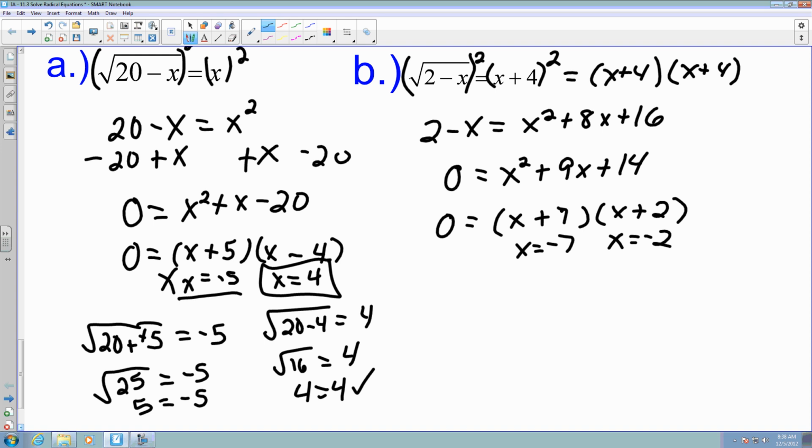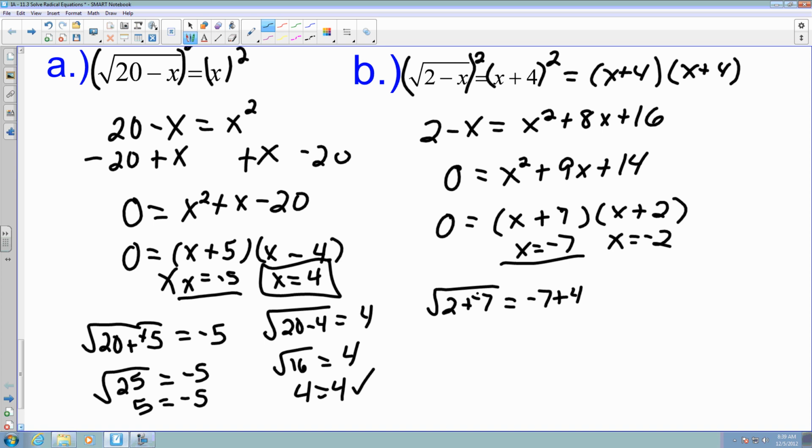So now we've got two answers. Now we must substitute them back into the original equation to see if there are solutions or not. Let's go with x equals negative 7. I'm going to go square root of 2 minus a negative 7 equals negative 7 plus 4.